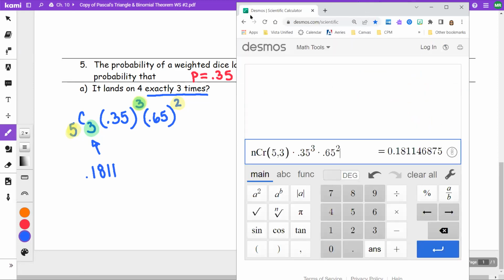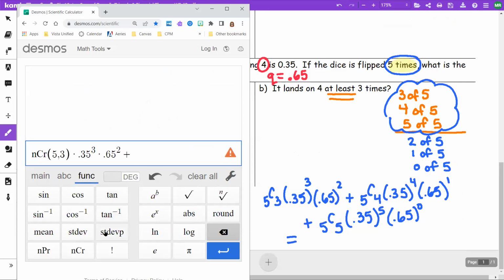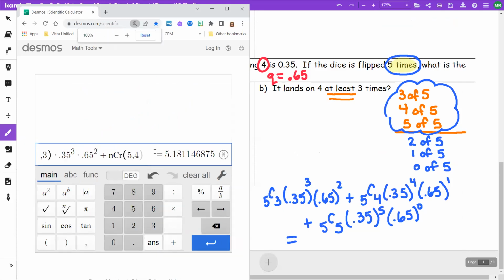I already have the first part in. So I'm going to go plus n choose r, 5 choose 4, times 0.35 raised to the power.